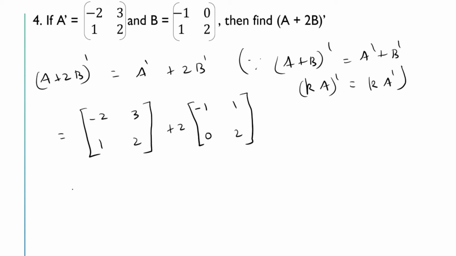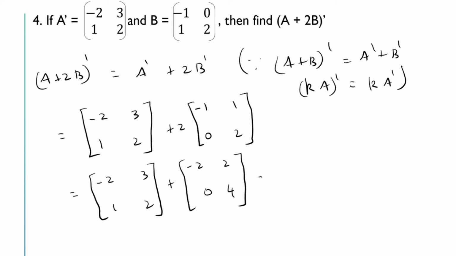So this is equal to minus 2, 3, 1, 2 plus minus 2, 2, 0, 4. So when we simplify, we get minus 4, 5, 1, 6. So this is the matrix A plus 2B the whole transpose.